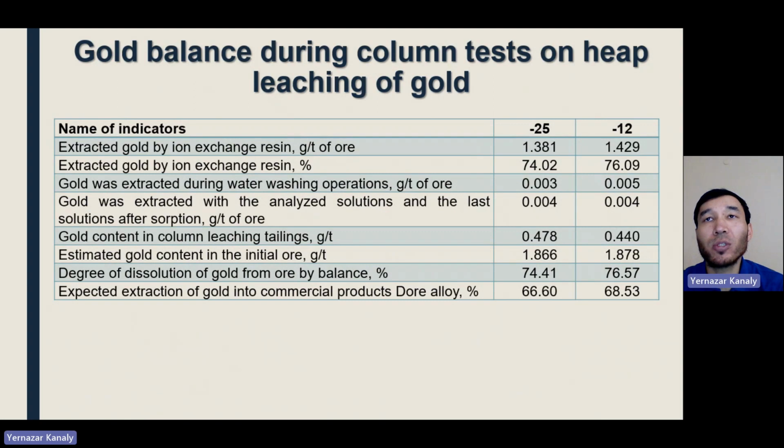From all gold dissolved well during heap leaching, the degree of dissolution of gold according to the balance from ore with a size of minus 25 millimeter and minus 12 millimeter was 74.41% and 76.57%, respectively, with an initial gold content of 1.88 gram per ton in ore, and the gold content in the leaching tailings is 0.48 and 0.44 gram per ton.